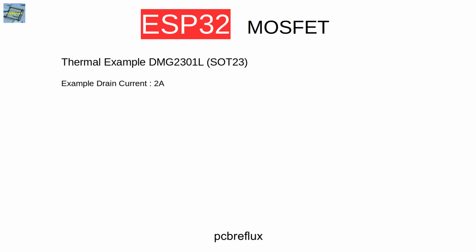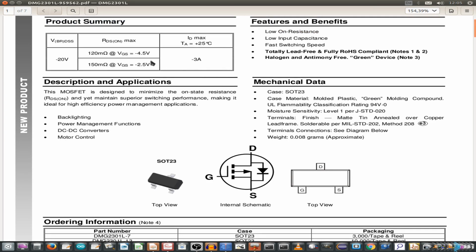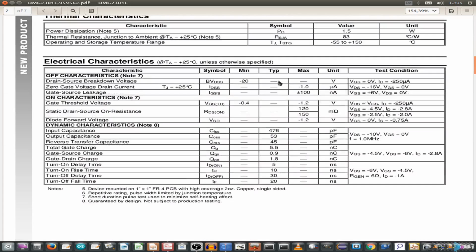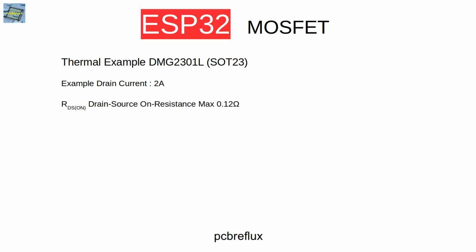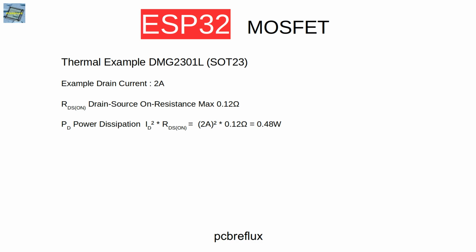And another example with another P-channel MOSFET in a SOT23 package, and also here we want to use this at 2 ampere. This has an RDS on rating of about 120 milliohms or 0.12 ohms, and a thermal resistance junction to ambient R theta of about 83 degrees C per watt, and a maximum power of about 1.5 watt.